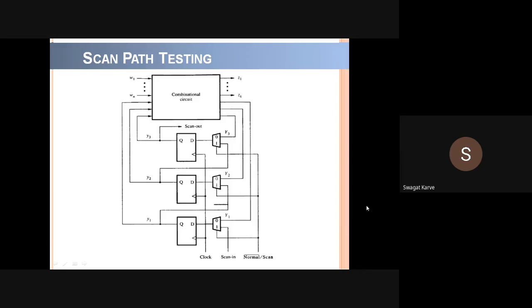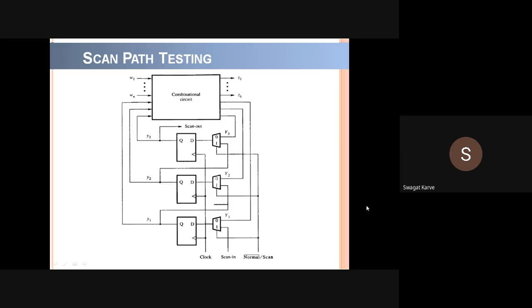And the third one is boundary scan or JTAG testing. So these are the three major techniques available for sequential logic circuit testing. Now we will discuss the first method, that is scan path testing.